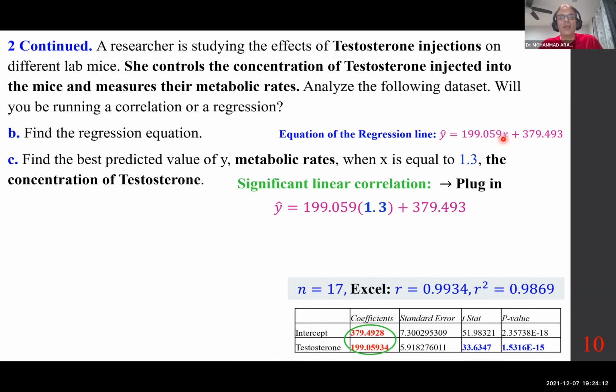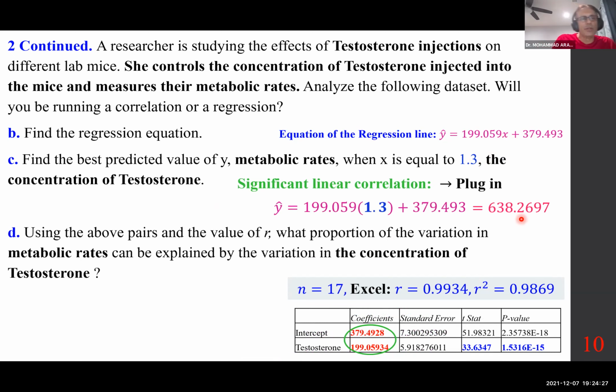Bear in mind, we did not plug in the previous example. There was no correlation. Now there is a correlation. You plug in, and this is the predicted value, 638.2697.